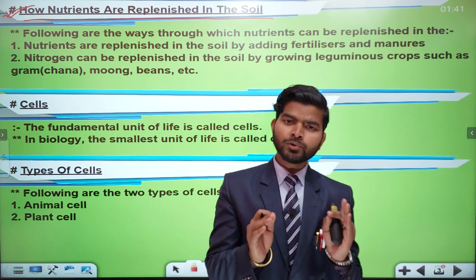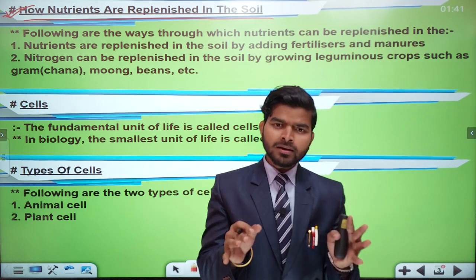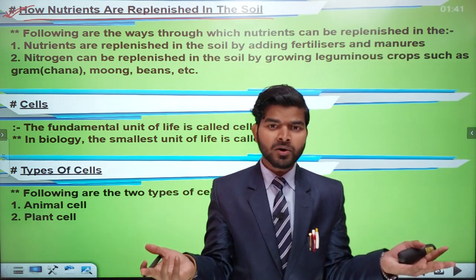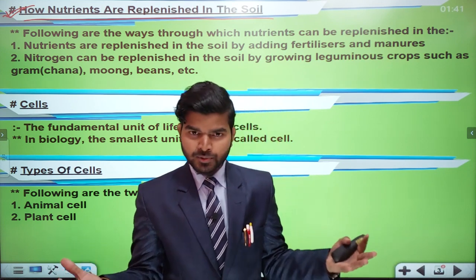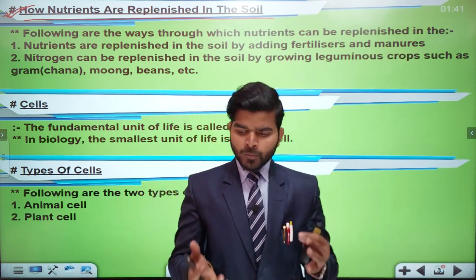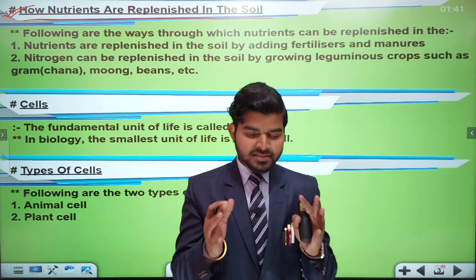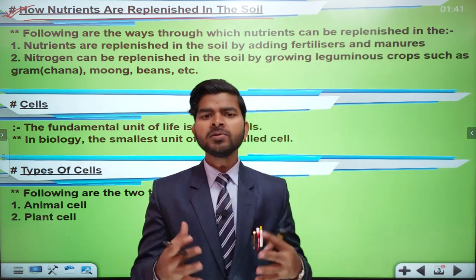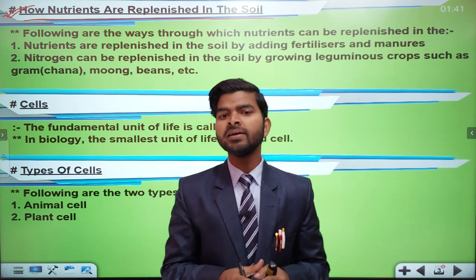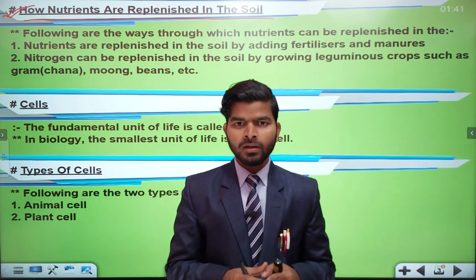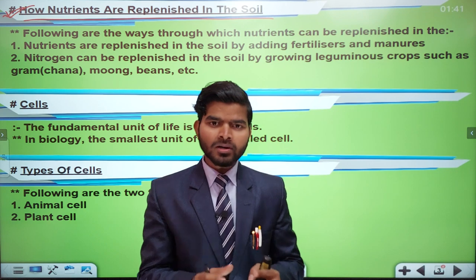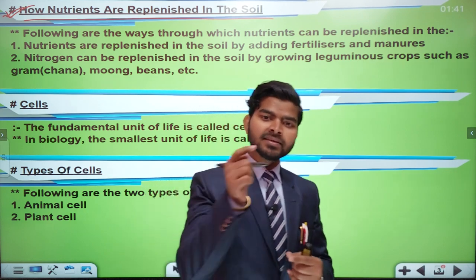Actually, we all may be farmers, or maybe I'm also including myself. There are huge fields available in our surroundings, and in that particular plot, farmers are cultivating their crops.